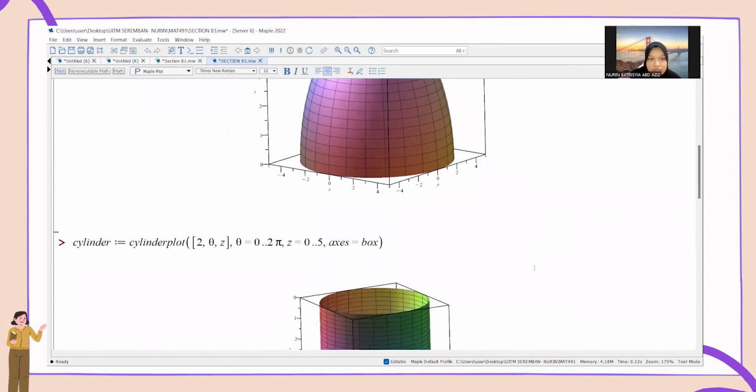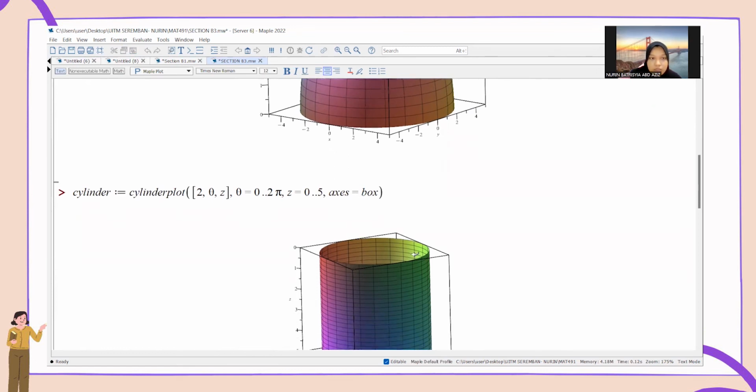Then we want to do the cylinder, where cylinder equal to cylinderplot, open bracket, 2, theta, z. This is 2 because from the equation, we know that radius is equal to 2. Theta is 0 to 2 pi because it is a cylinder. Z is equal to 0 to 5 and the axes is equal to box.